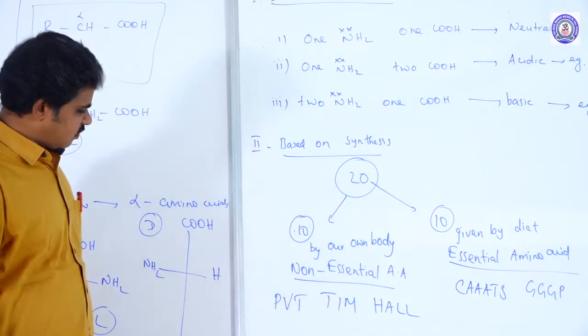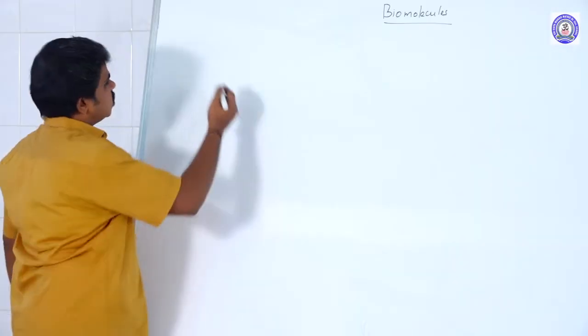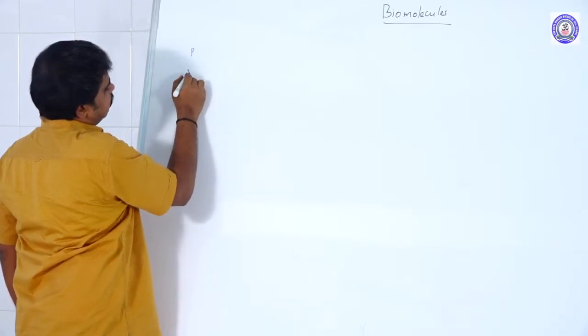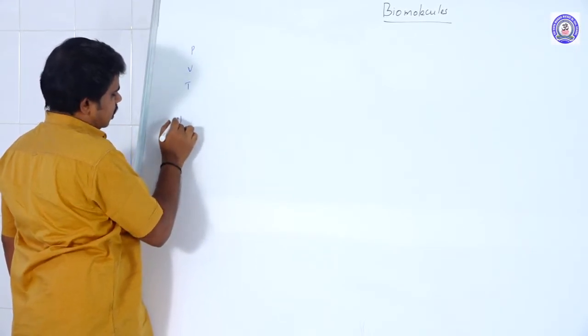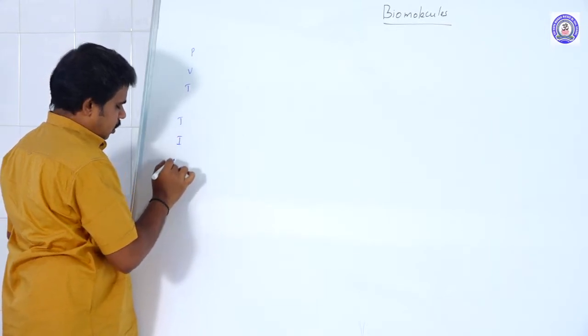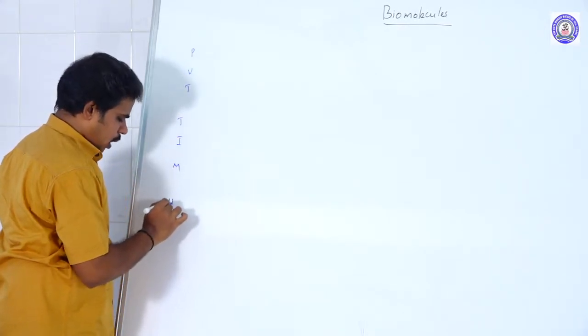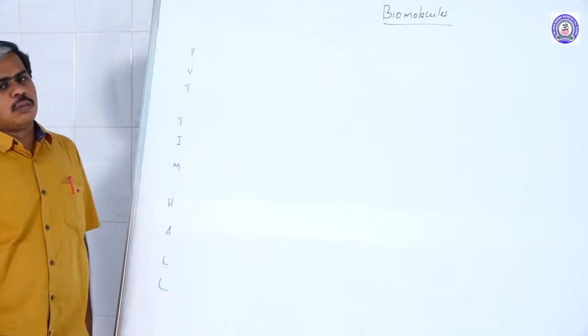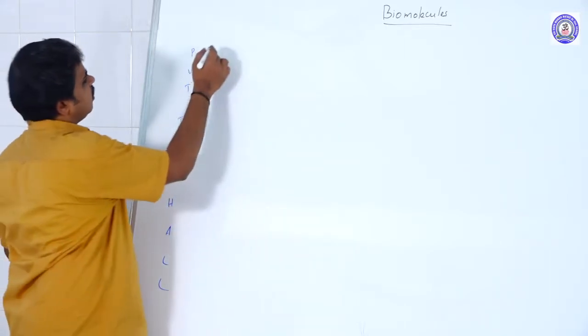And each one we are taking one by one. The first one is the non-essential amino acids, that is PVT, tin hall. What is it? PVT.